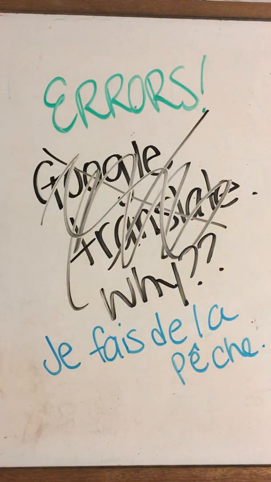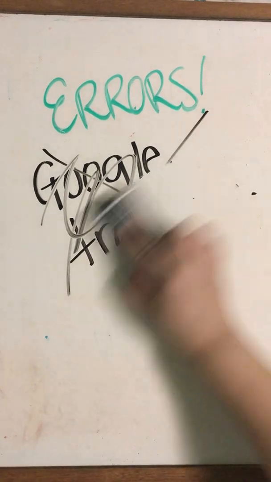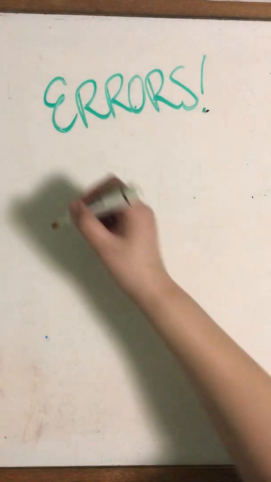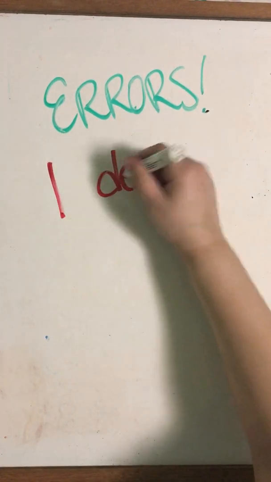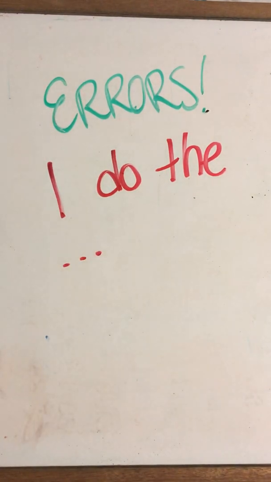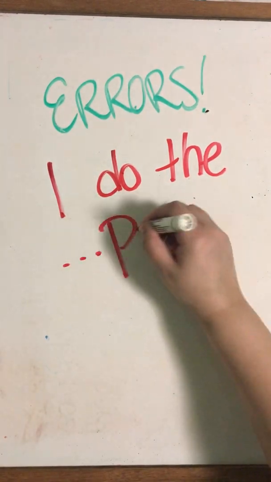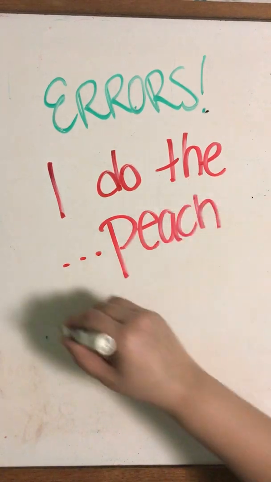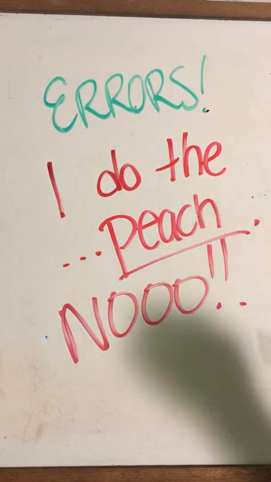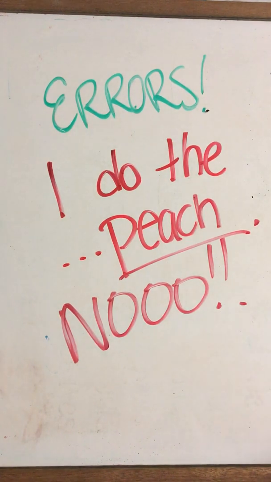If you know your vocab sheet, you know that that means what? I fish. I think you can figure out what people are handing in. What's pêche mean also? No. That's not what you're doing. You're fishing.